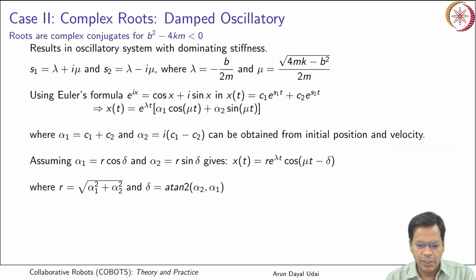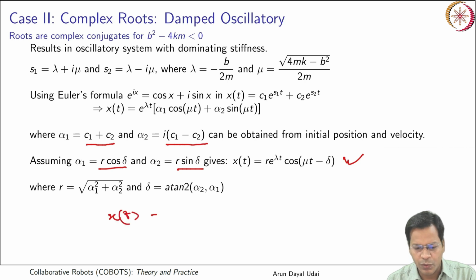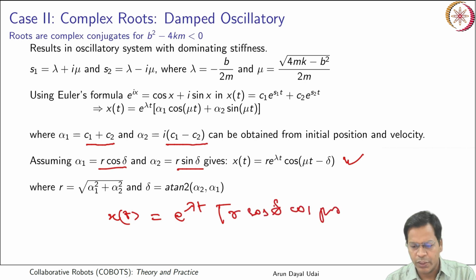Okay, so again I'll assume alpha 1 and alpha 2 as r cos delta and r sin delta. That can lead me to this. I'll tell you how once again. You just got x(t) equal to e to the power lambda t. Here you have r cos delta cos mu t plus r sin delta sin mu t.